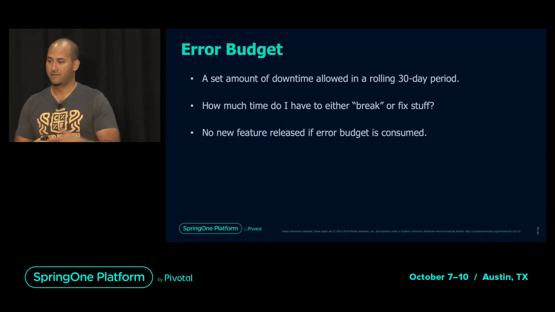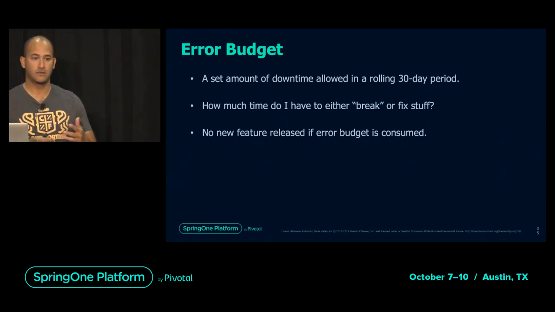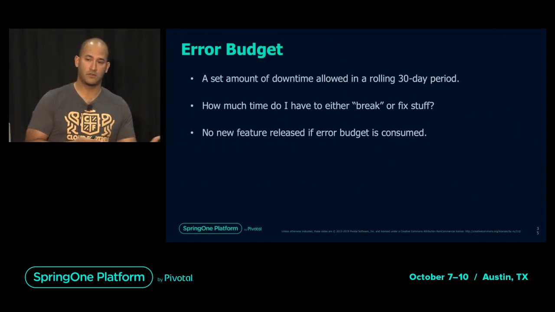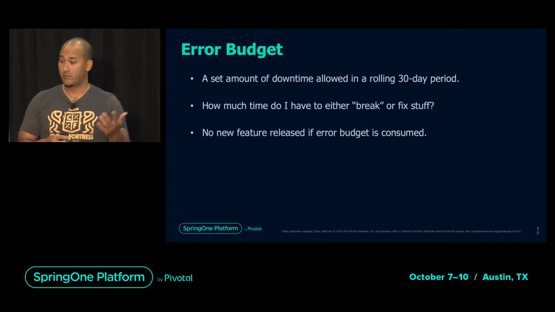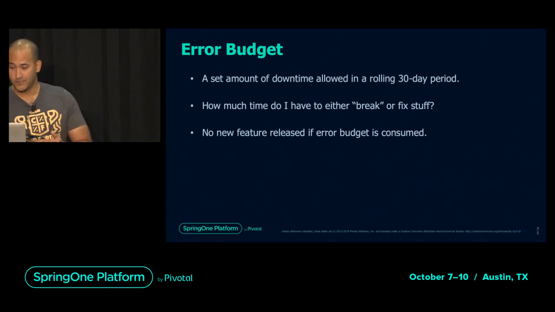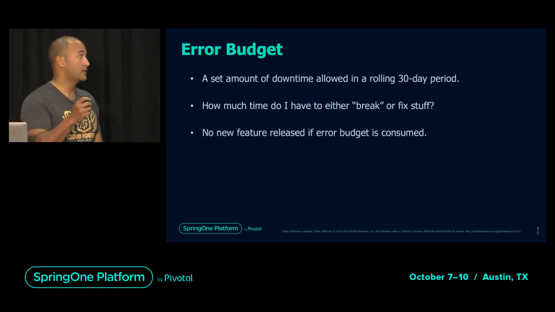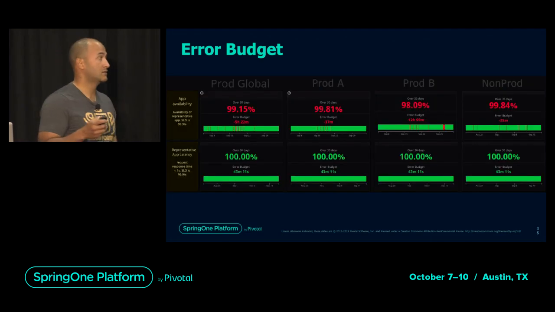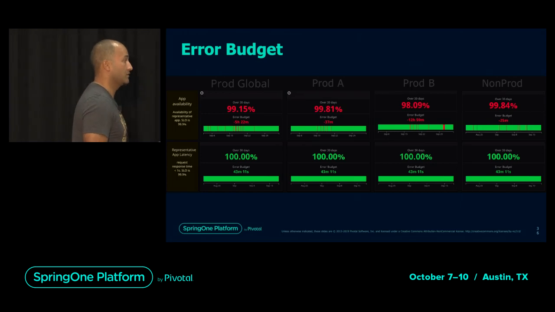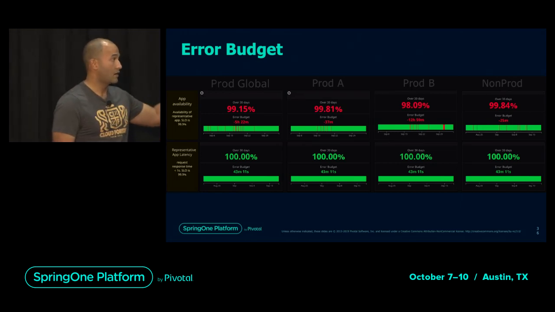Not break in the sense of intentionally, but there is always the opportunity when you're deploying new features or upgrades that things go awry. So that's what I'm referring to as break. And obviously we're not releasing any new features if we've exceeded our error budget. And this is how we're charting it here. So again, we're using the error budget against our app availability.